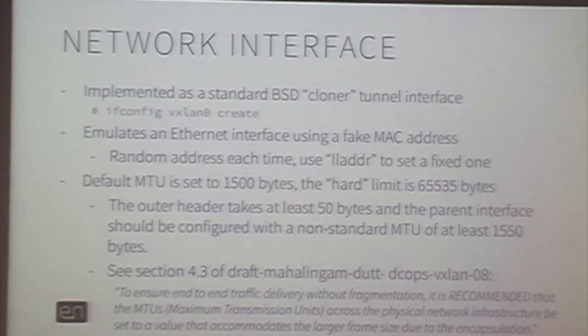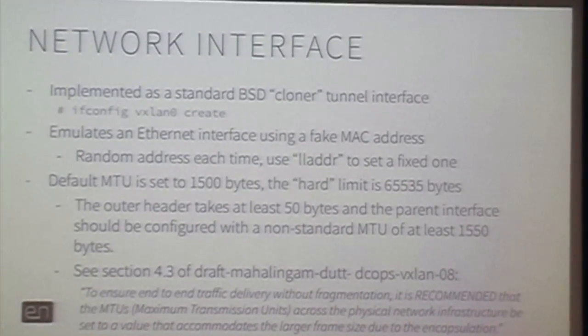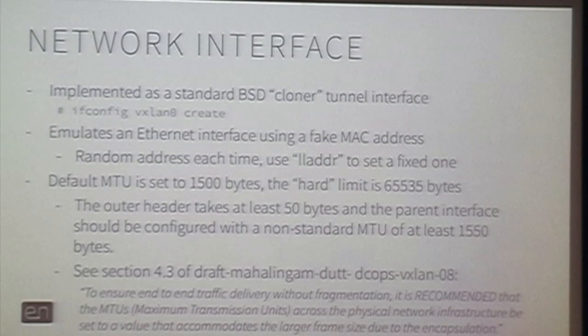So the network interface, I know it's very exciting, but it just works. The network interface is just a BSD cloner tunnel interface, so you can just ifconfig vxlan. It's all done with ifconfig. You don't need a new tool except for the bridge part.